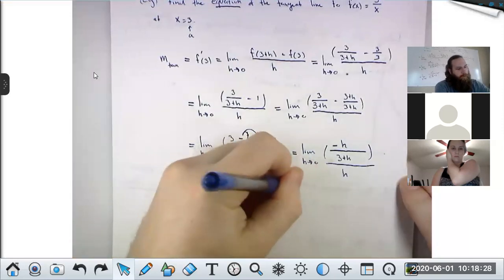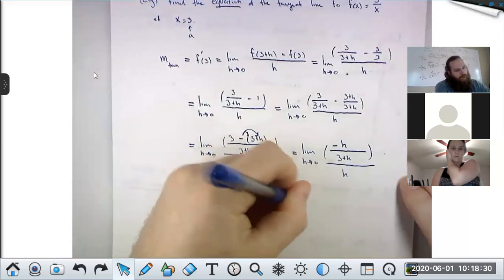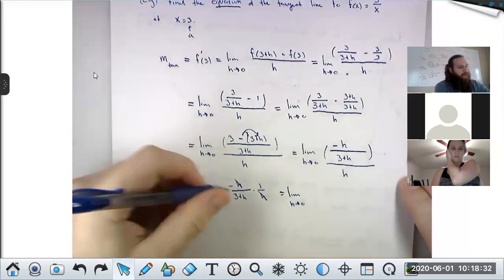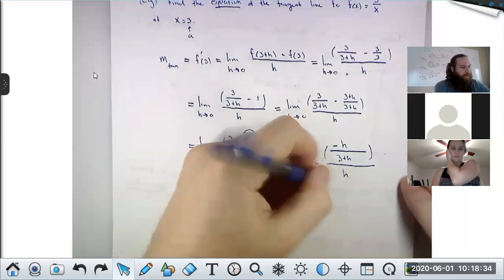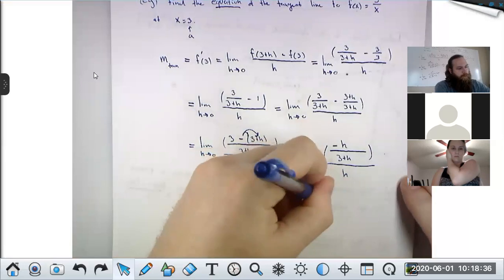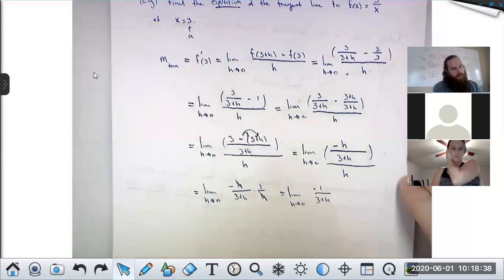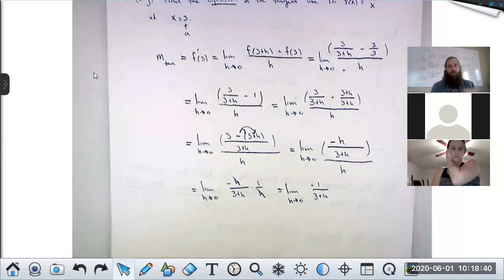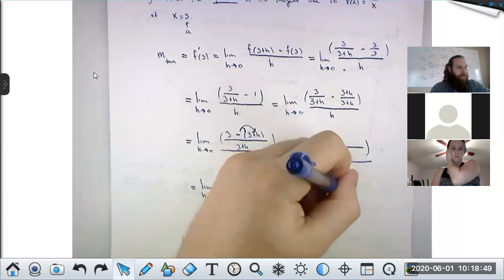And you have the limit as h goes to 0 of negative 1 over 3 plus h. And this is a limit we know how to take, right? This is not a difficult limit. Here I can just plug in 0 for h, and I'll get negative 1/3.